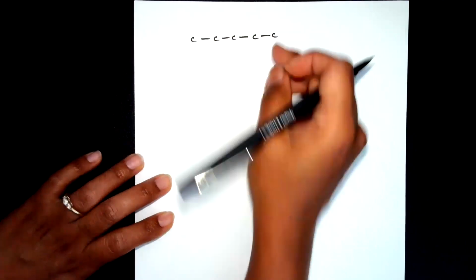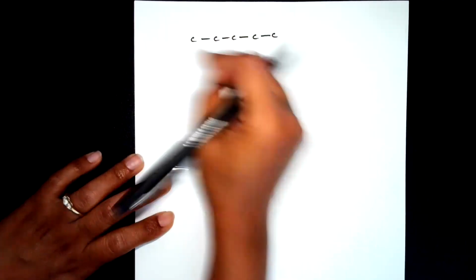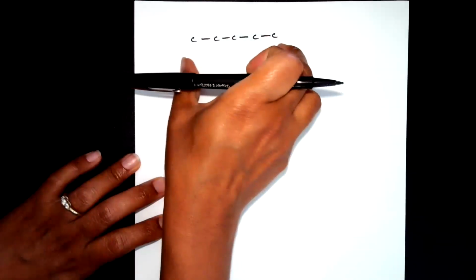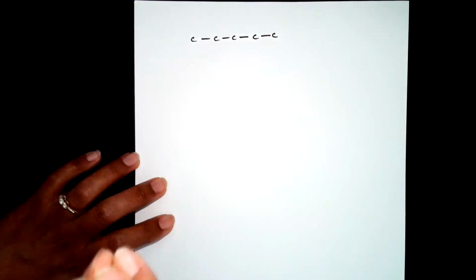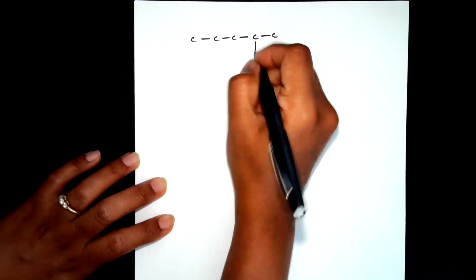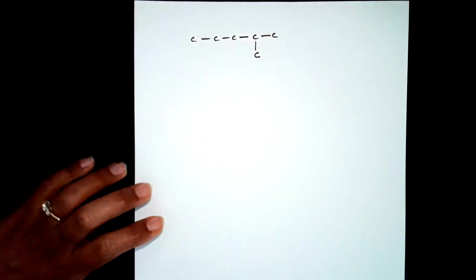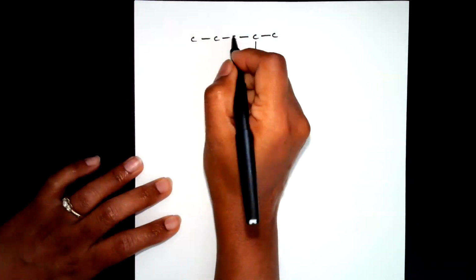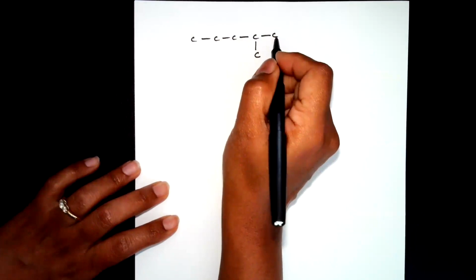And I cannot put the 6th one here or here, because that would again make it a continuous chain. I need to make the chain 5 carbons long, the main chain, and then kind of hang my 6th carbon somewhere else where there is a loss of continuity. So I would move 1 carbon away from the side and put my 6th carbon here. Now my longest carbon chain is 1, 2, 3, 4, 5 carbons long.